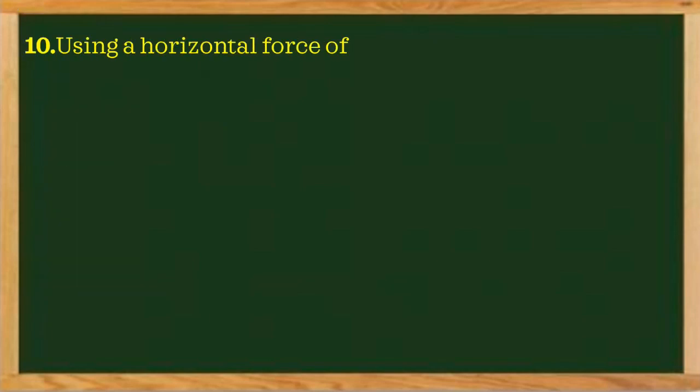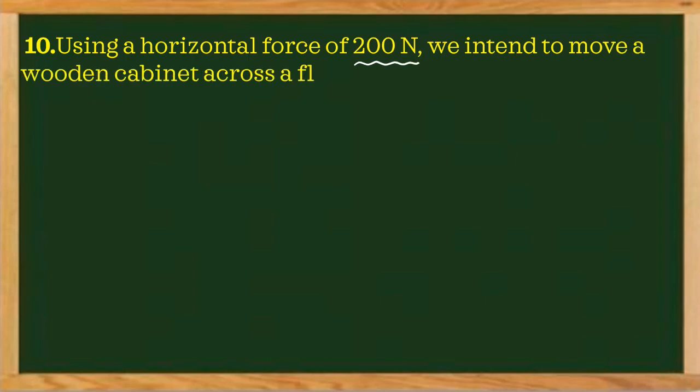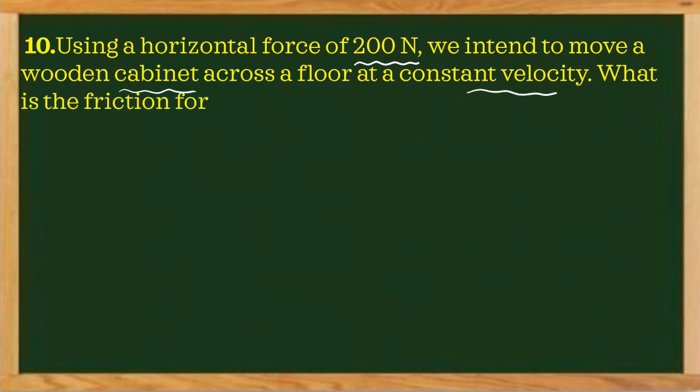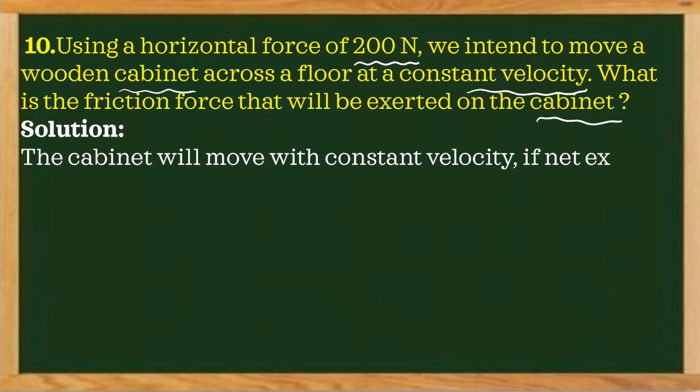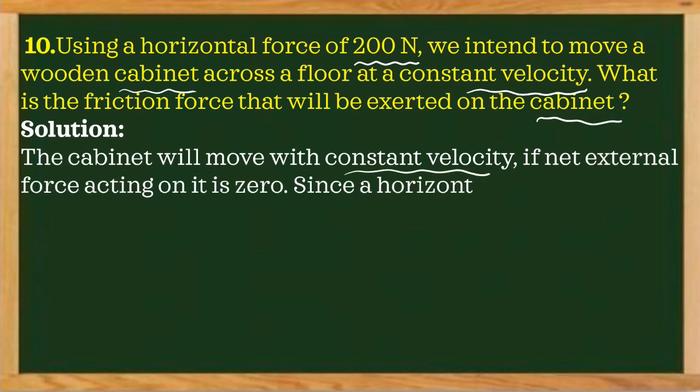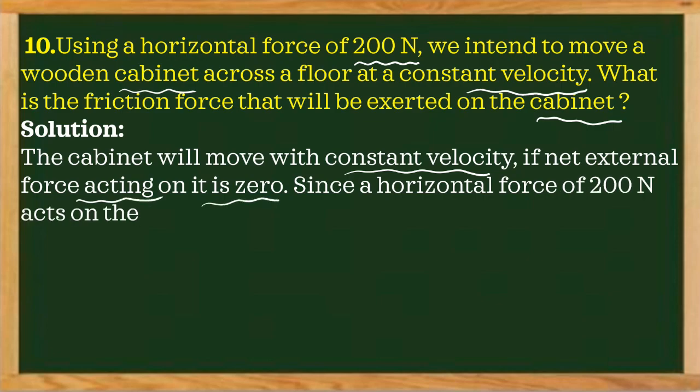Using a horizontal force of 200 newtons, we intend to move a wooden cabinet across a floor at a constant velocity. What is the friction force that will be exerted on the cabinet? Now go to the solution. The cabinet will move with a constant velocity if the net external force acting on it is 0.